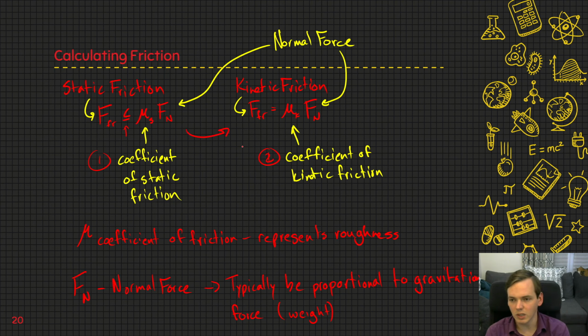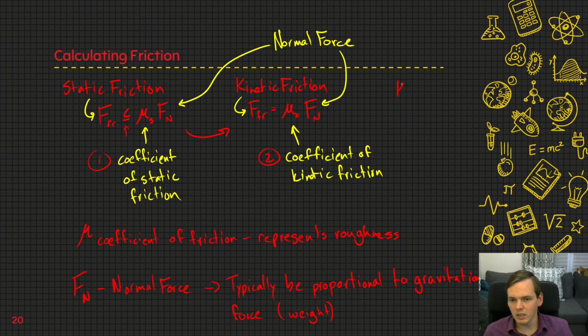So this is what you saw way back when in the introduction activity, where you increase the push force on the box up until I believe it was 125 newtons. And that's where you saw the static friction get bigger and bigger and bigger. And then as soon as it started moving, you saw that it dropped. And so that's what happened, was we went from static friction to kinetic friction.